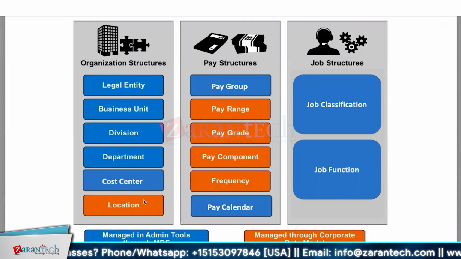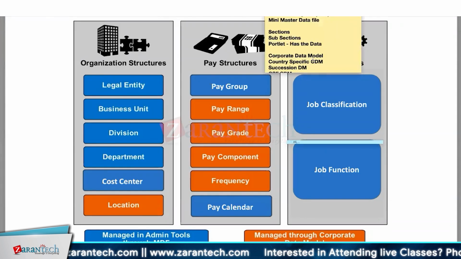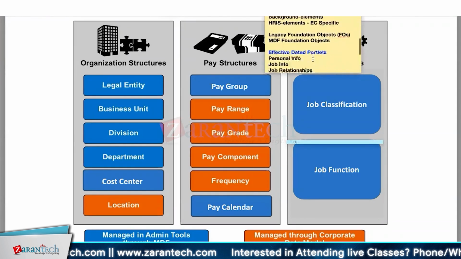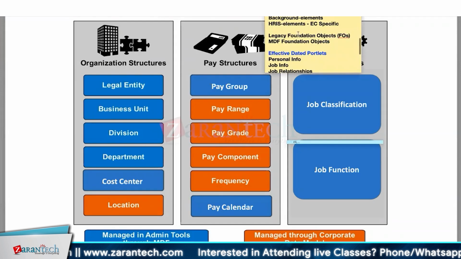It can be treated like a database table holding a list of entries: locations, departments, business units, all that. We call all these blocks on my page foundation objects. It's a very important terminology that we start using once we get into the Employee Central module, guys.